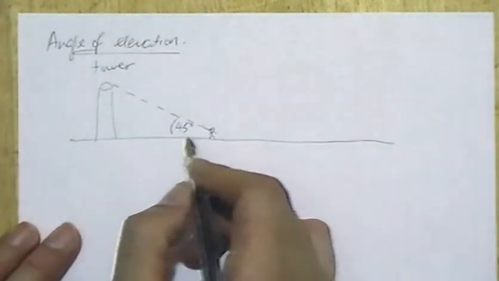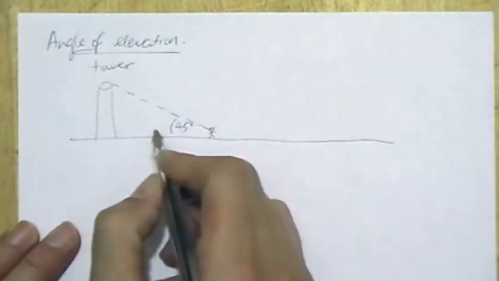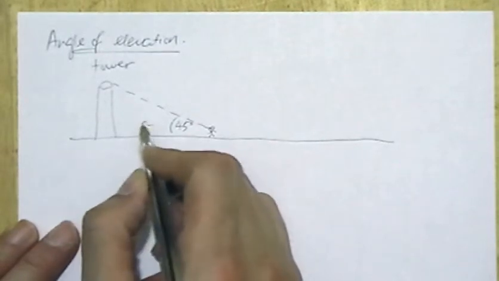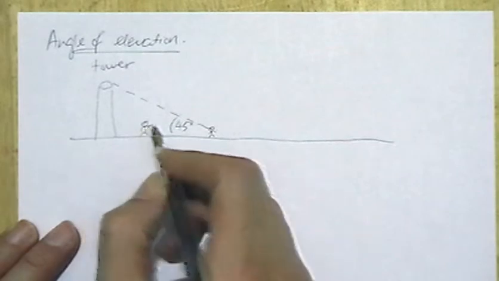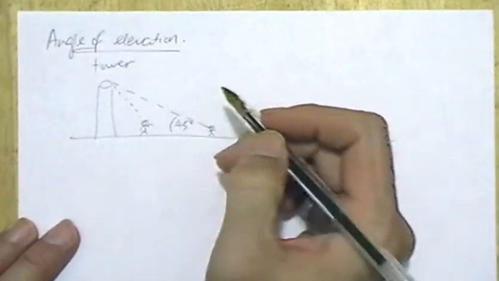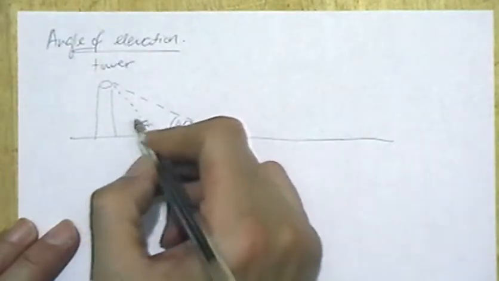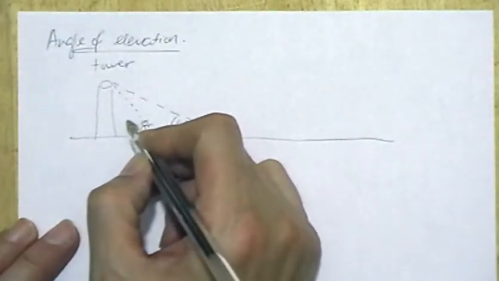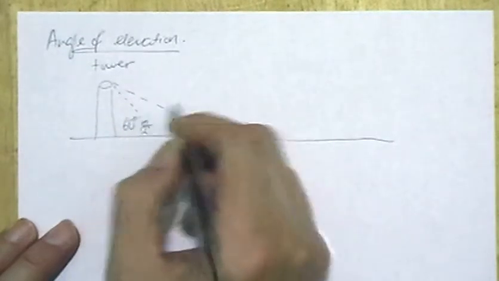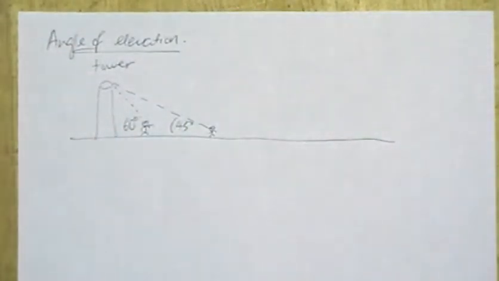Then he walked closer to the tower, and when he looks up again at the top of the tower, he measures this time an angle of 60 degrees.